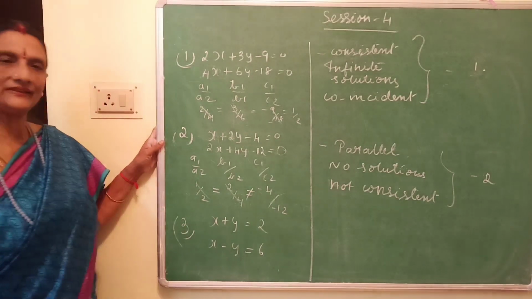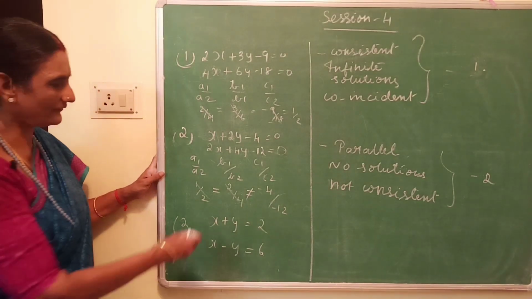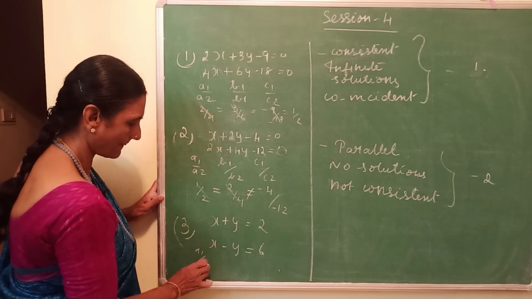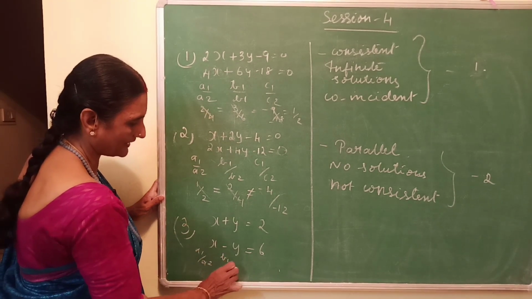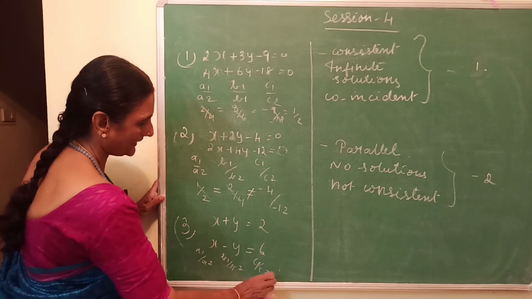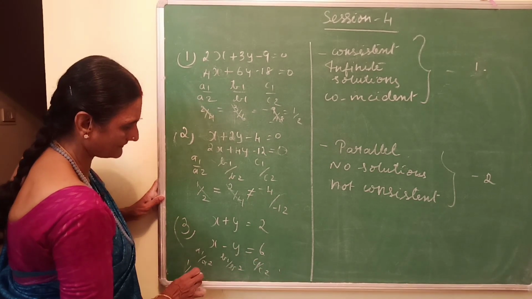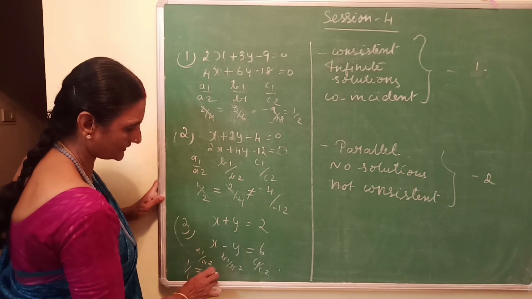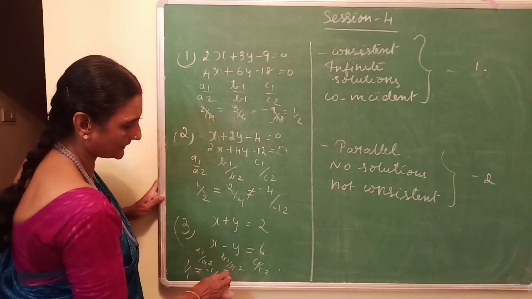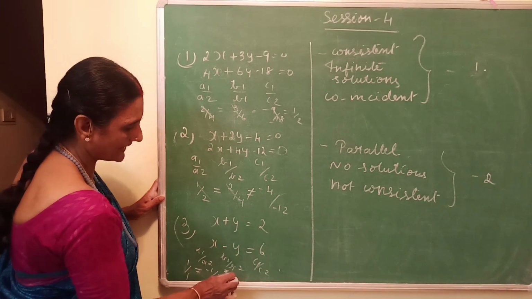Now, what about the third? If we take a1 by a2, b1 by b2, c1 by c2, we got 1 by 1 is not equal to minus 1 by 1 is not equal to 2 by 6.